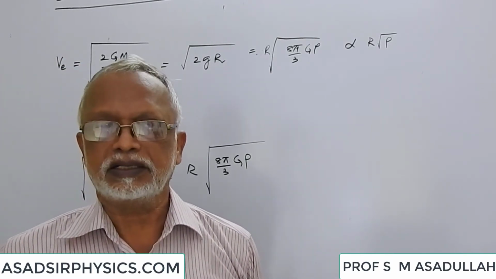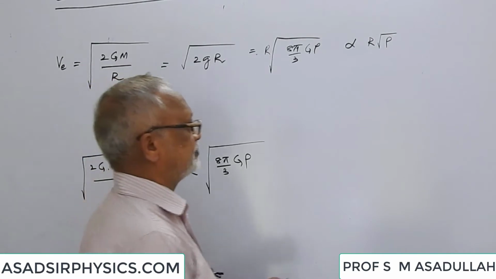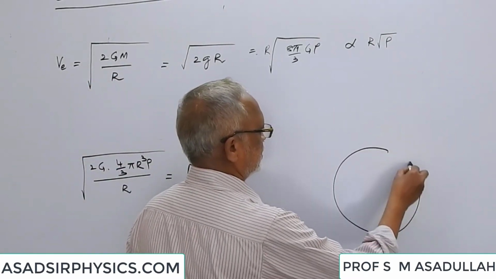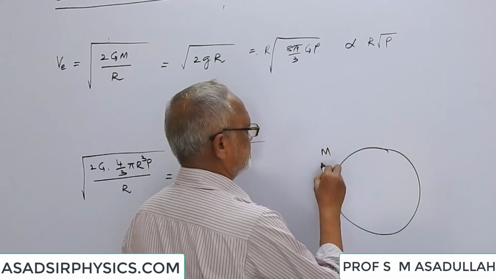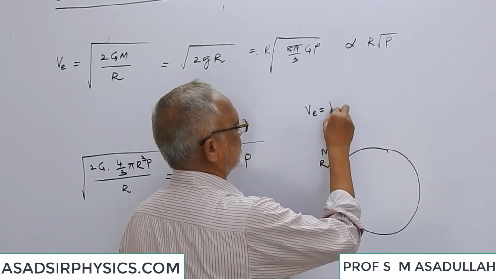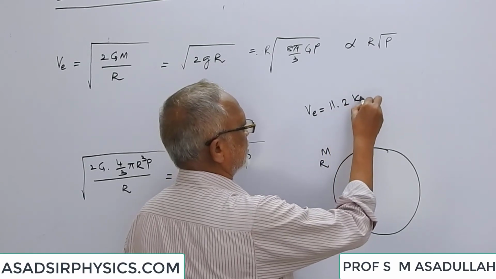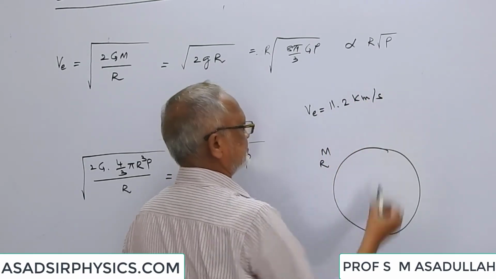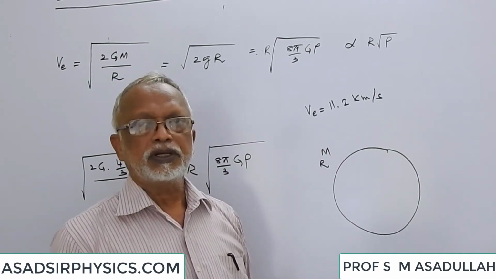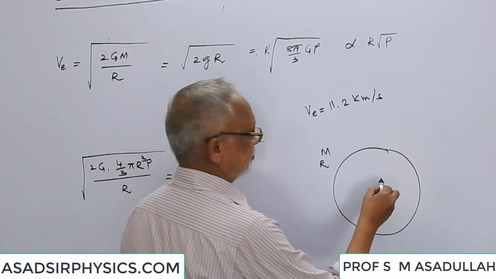It is just like this. Suppose we have got the earth. This is the earth of mass M, radius R. The escape velocity is 11.2 kilometers per second. Suppose suddenly it shrinks to half of its size.